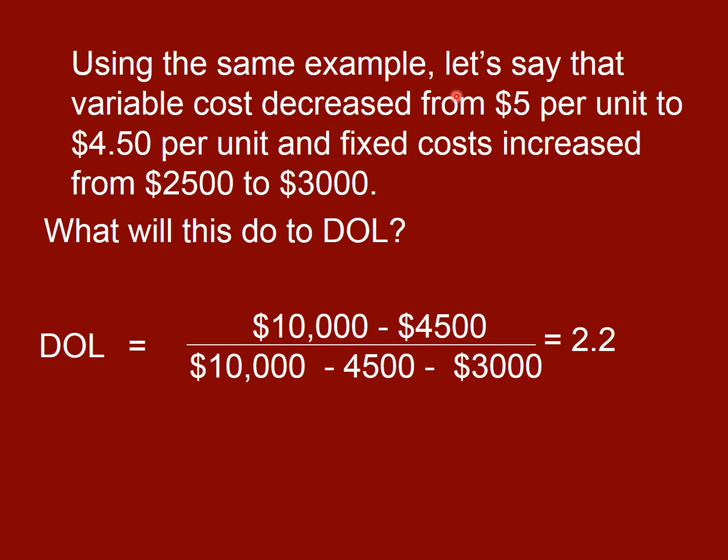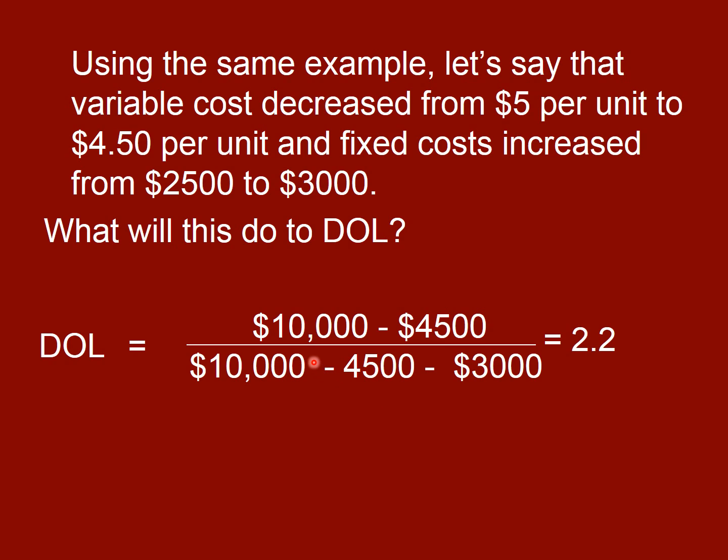So the $500 that we're saving in our variable cost is going to shift to our fixed cost, and our fixed cost now is going to go from $2,500 to $3,000. So notice that our total cost is still the same, $7,500, just like it was in our previous example, except in our previous example this was $5,000 and this was $2,500. So we just shifted. We were able somehow to shift some of our costs. We can talk about ways in which we can do that.